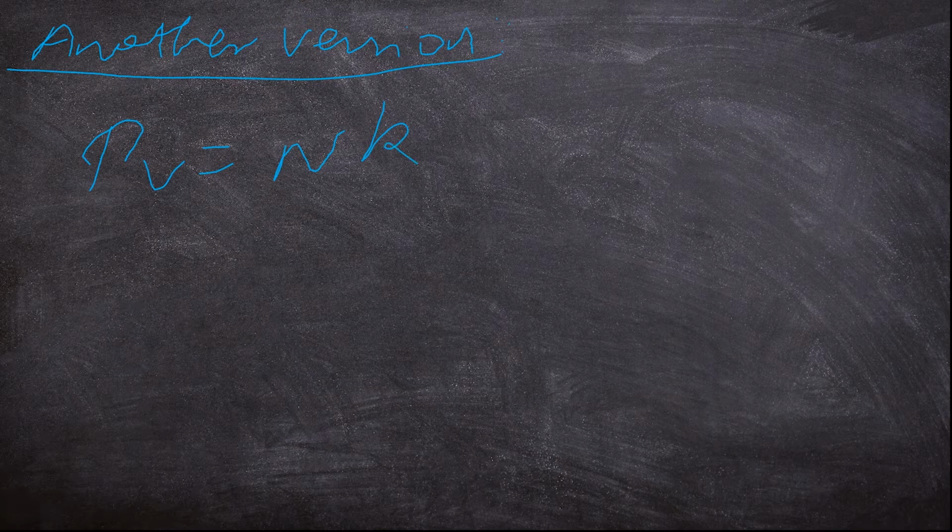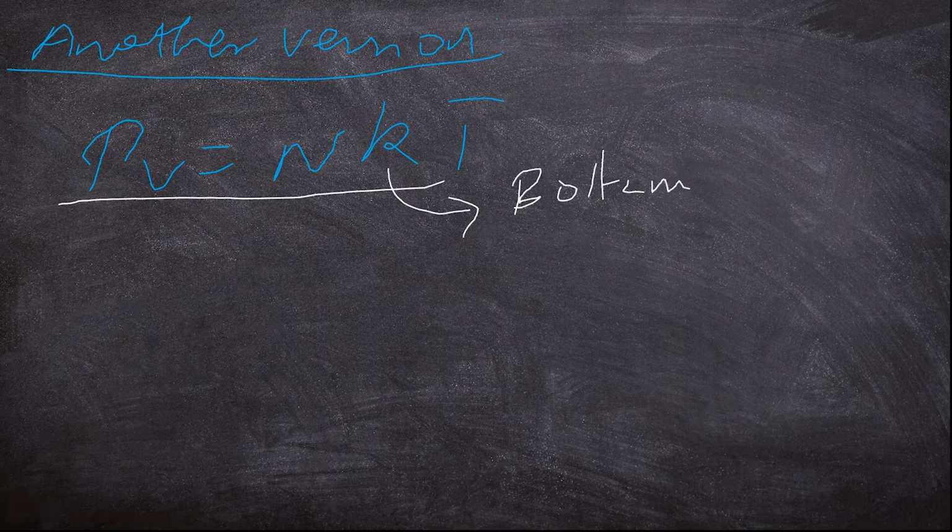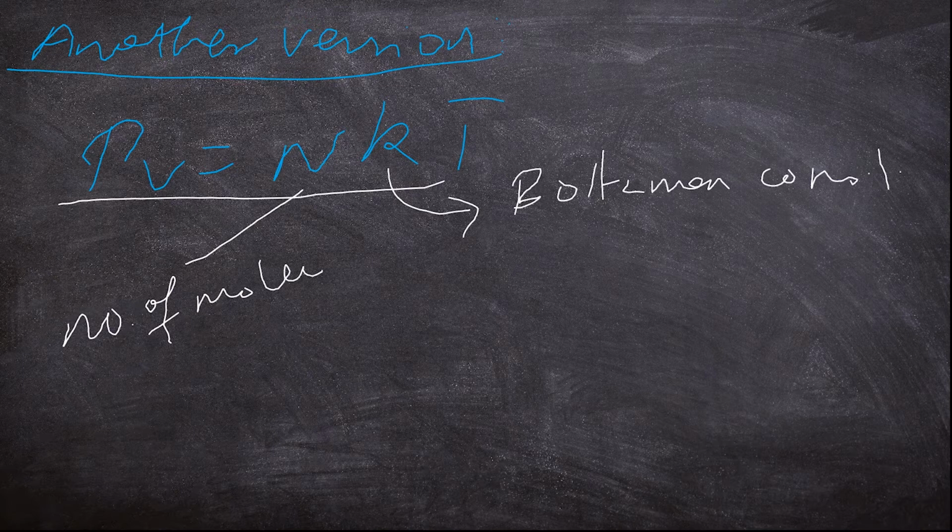Another version is PV equals NkT. Here k is the Boltzmann constant, and N means the number of molecules present in the gas.